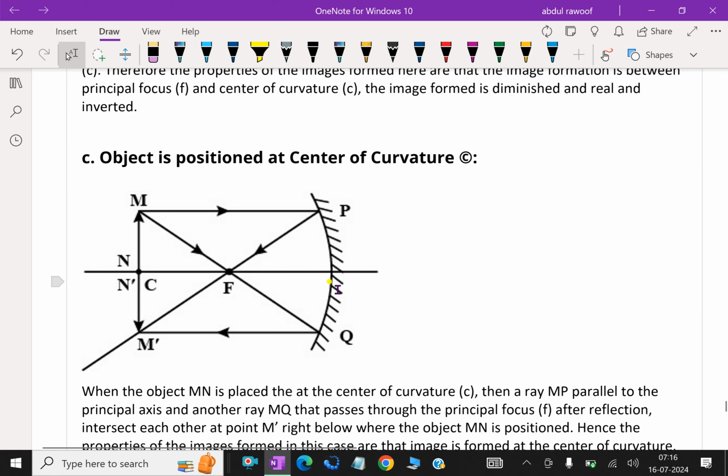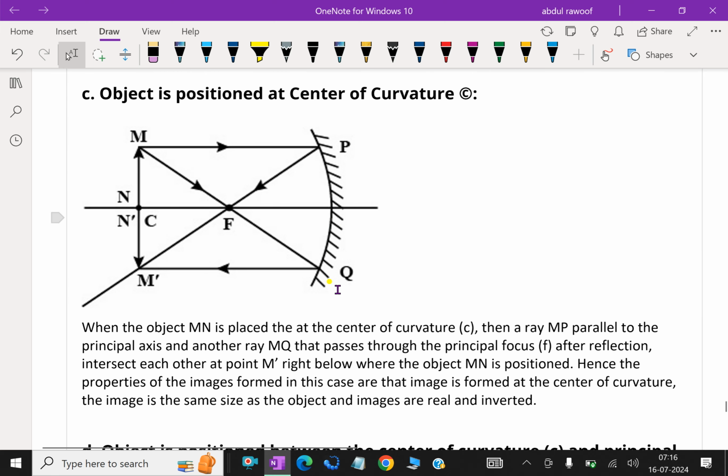Next, the object is positioned at the center of curvature.